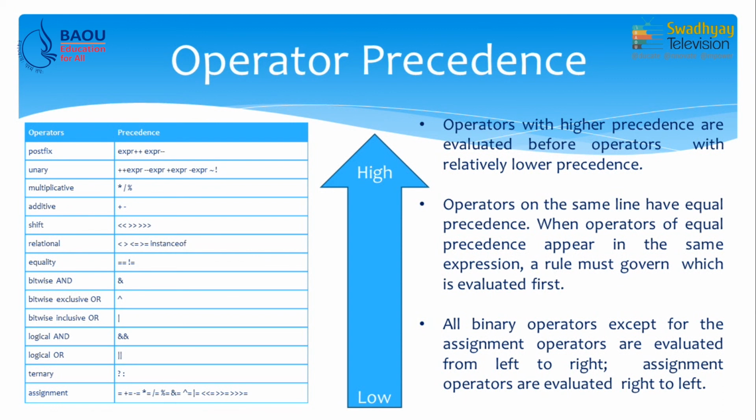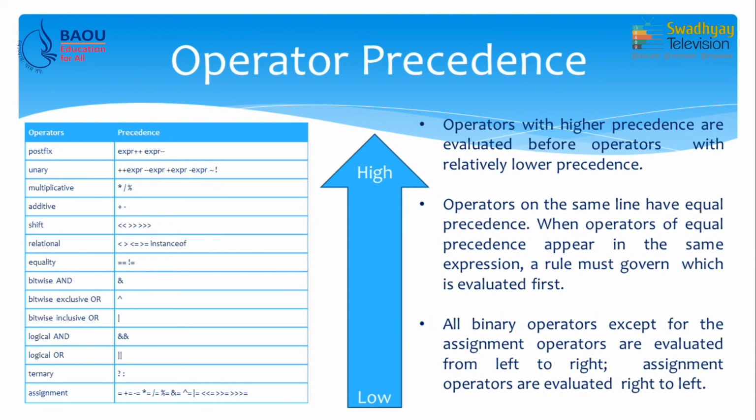So, if an expression uses multiple operators, the operators listed on top of the table will be evaluated first, and the operators at the bottom will be evaluated later on, following this hierarchy. So, low on the table represents low priority and top of the table represents high priority.